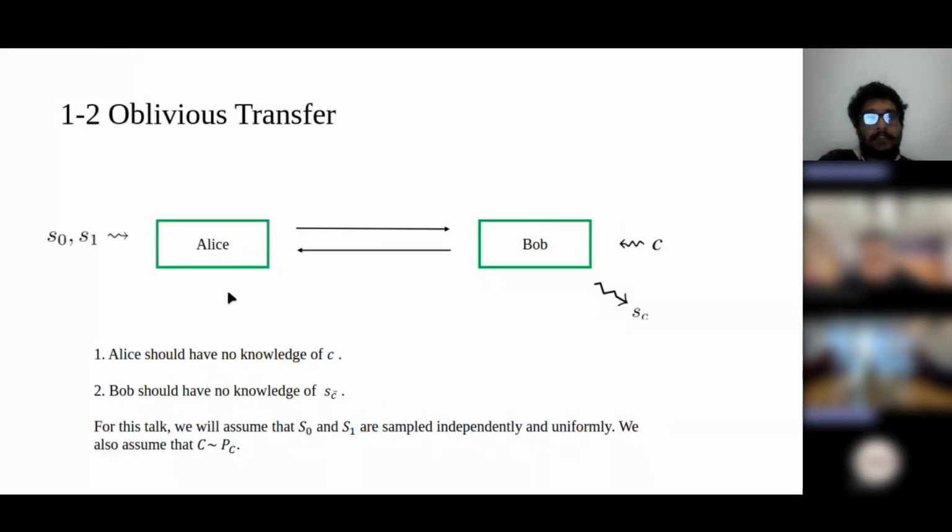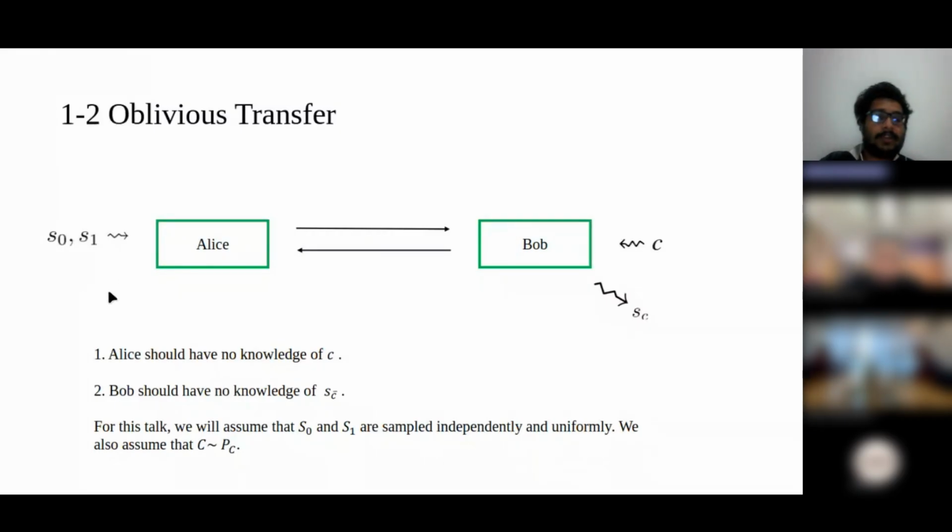For this talk, we are going to talk about a variant of OT called RAND OT, or random OT, where S0 and S1 do not come from outside. C can come from outside, but S0 and S1 are generated as random bits during the protocol.